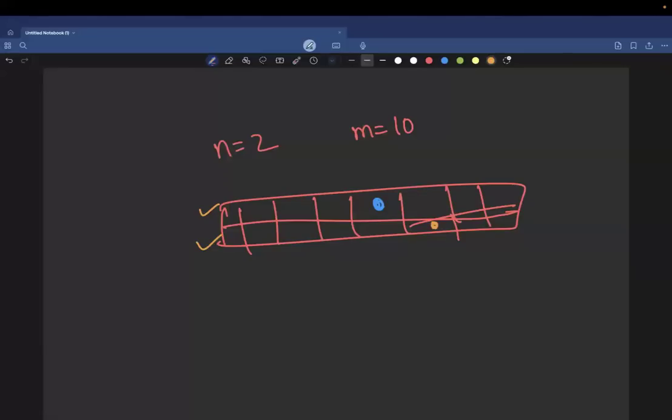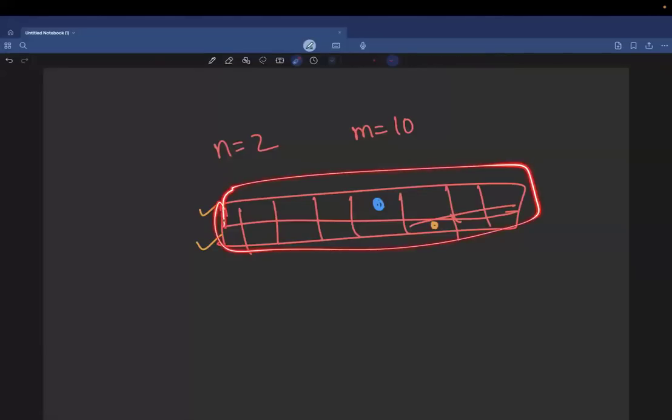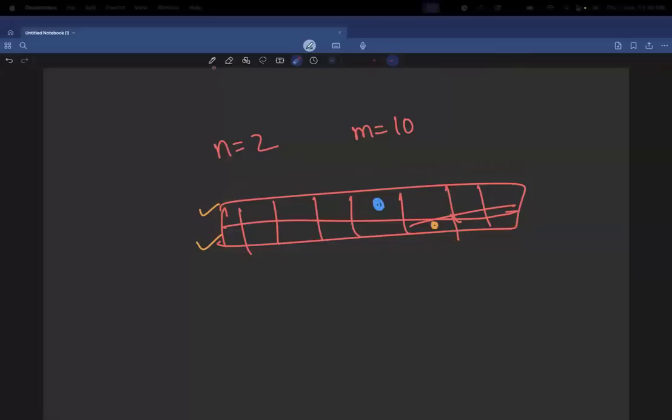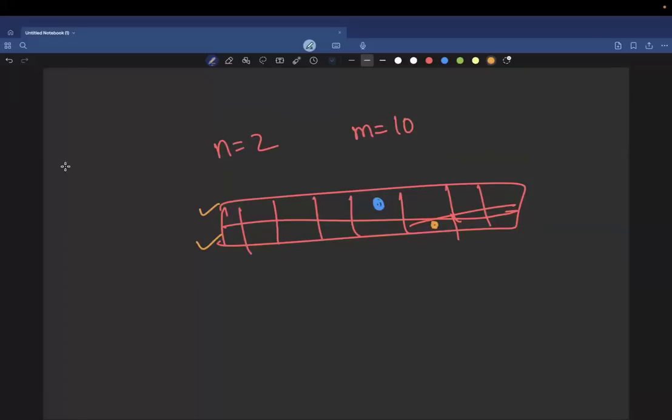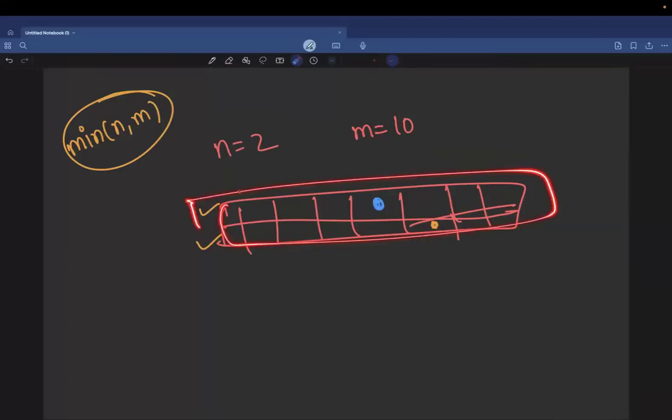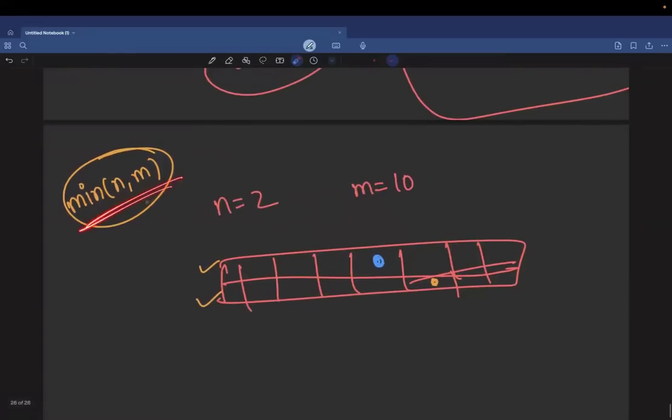So all the cells in the grid would have already been colored. And the same thing goes if m was less than n, all the columns would have been completed before rows in that case. So basically, minimum of n comma m is the number of operations it will take for completely coloring the complete grid. So you will make this many moves.